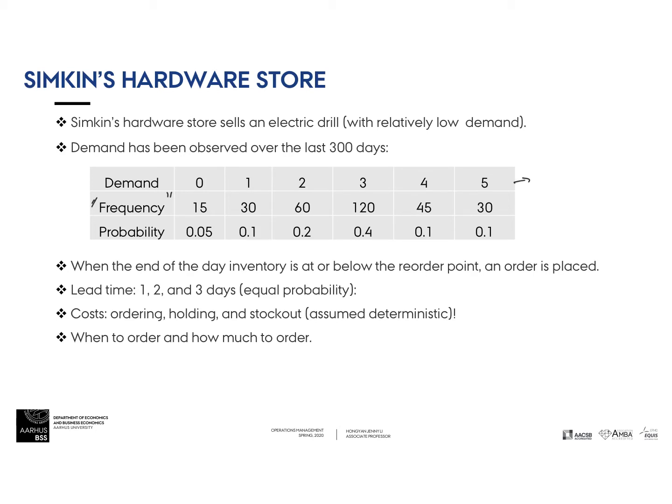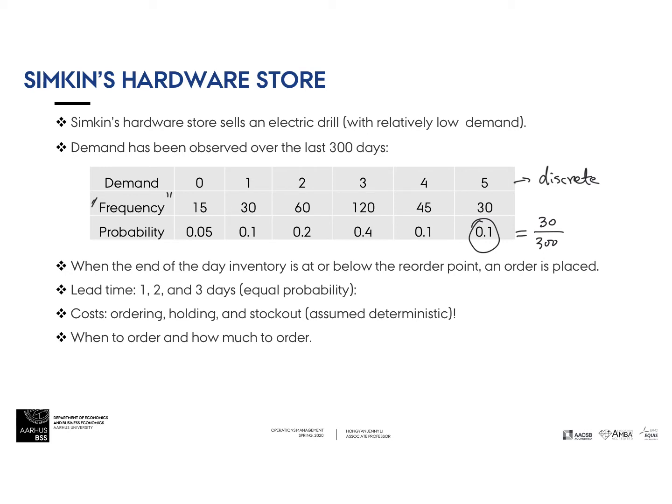So basically we have discrete possible demands, and the frequency is how many days you observed that number of demands per day. For example, here for 5, 0.1 equals 30 days when you observed a demand of 5, and the total is 300 days. So that's how you get 0.1.